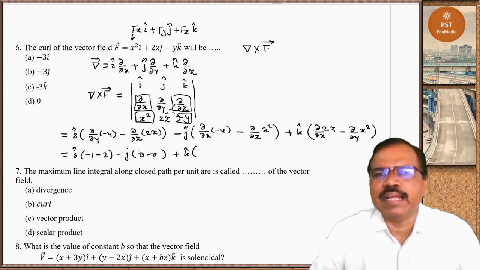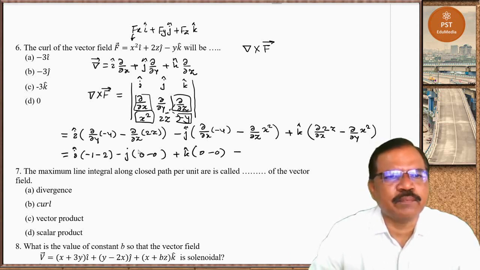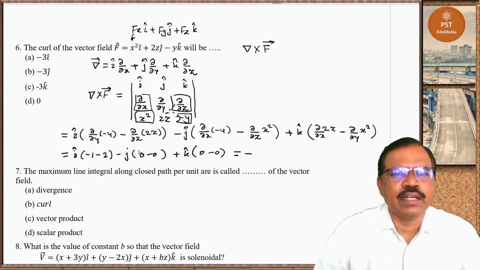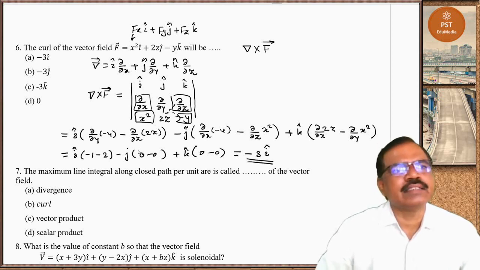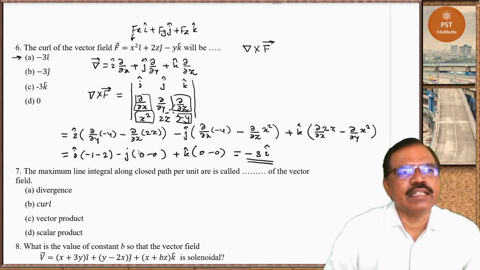What is the value in the bracket? 0. Now here, if we solve this, we will get minus 3i. So if we see the options, first one is minus 3i, second one is minus 3k, third one is minus 3k, and fourth one is 3k.